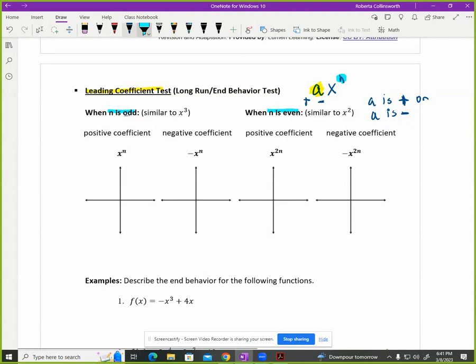So let's draw a picture of it. I'm going to draw something similar to x to the third power because that's what this says to do. So when n is odd and I have a positive coefficient, it's going to look like the slope of a line. So it's going to start low and it's going to go high.